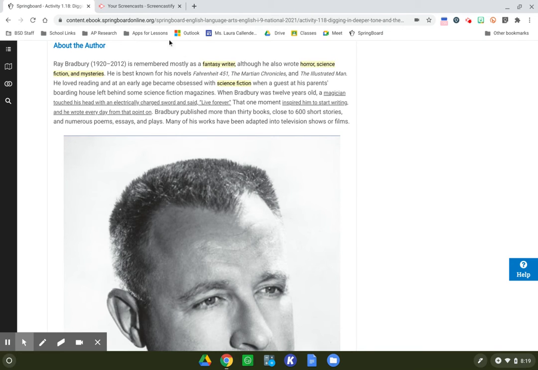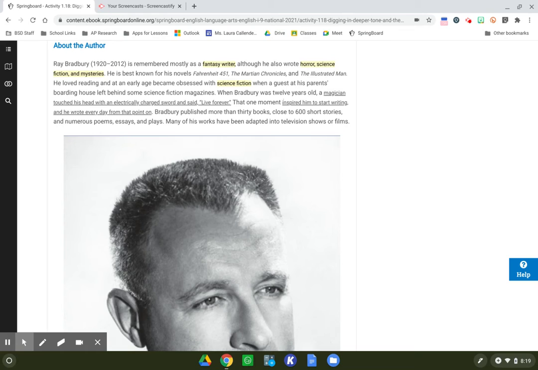So you will read this to yourself, but keep in mind that this writer, Ray Bradbury, and you might have heard of him, wrote fantasy, horror, science fiction, and mysteries, and really focused on science fiction.